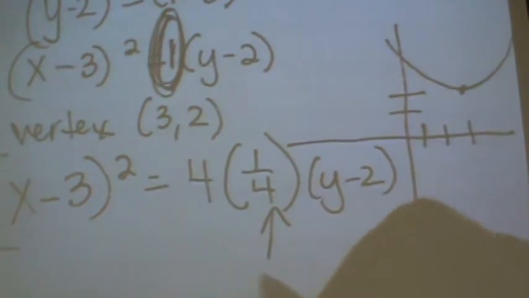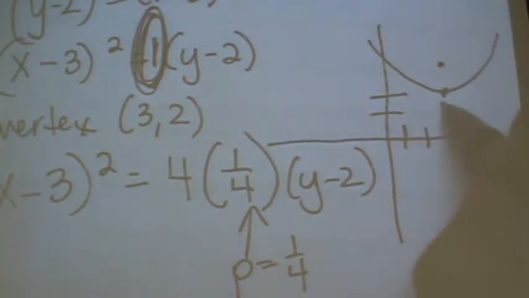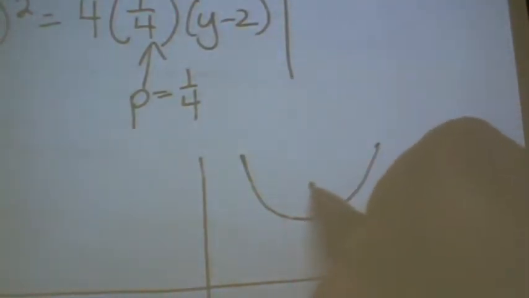So P is equal to 1/4. Again, you're going to go 1/4, and I'm going to exaggerate it because 1/4 is not very much, and 1/4. So imagine, here's your picture. You're going to go from here to here is 1/4, and here to here is 1/4.